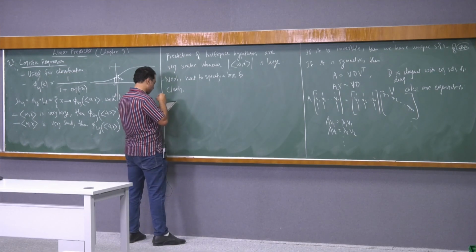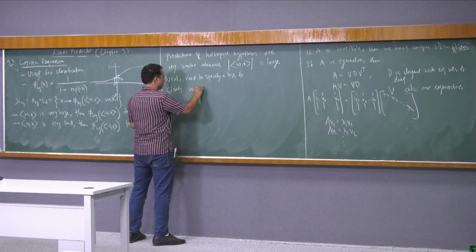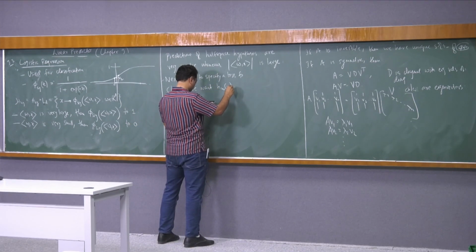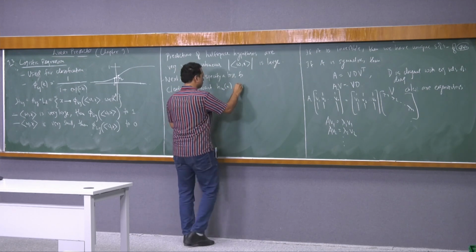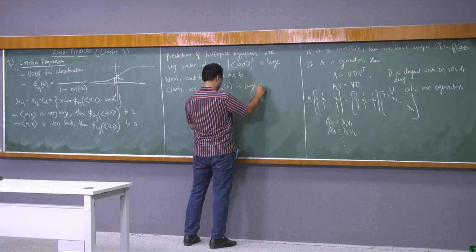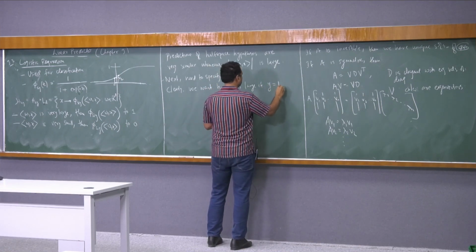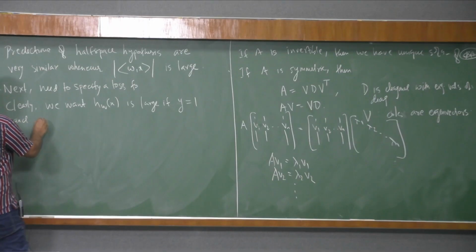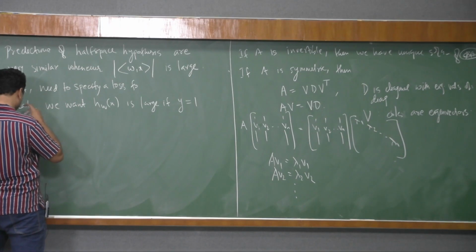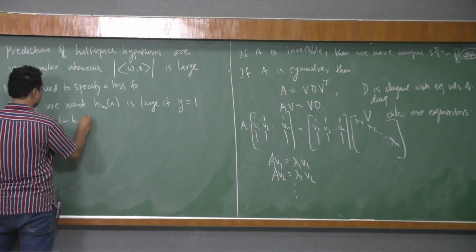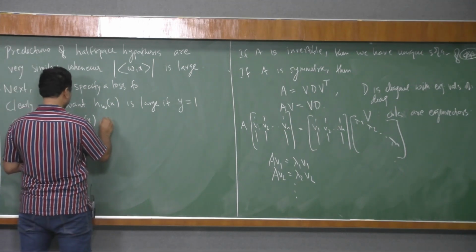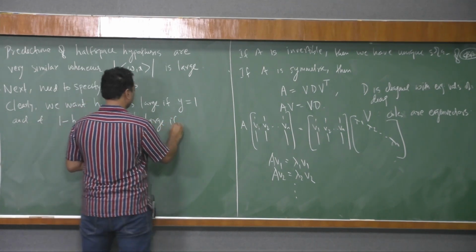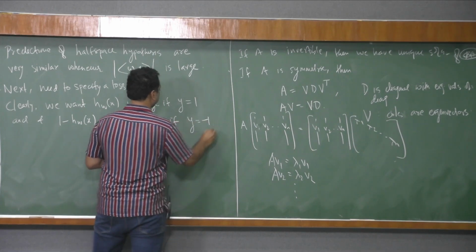So clearly we want h_w(x) to be large if y is 1, let us say, meaning this class is 1, and we are taking 1 minus h_w(x), which would be large if y is, let us say, the minus 1 class.